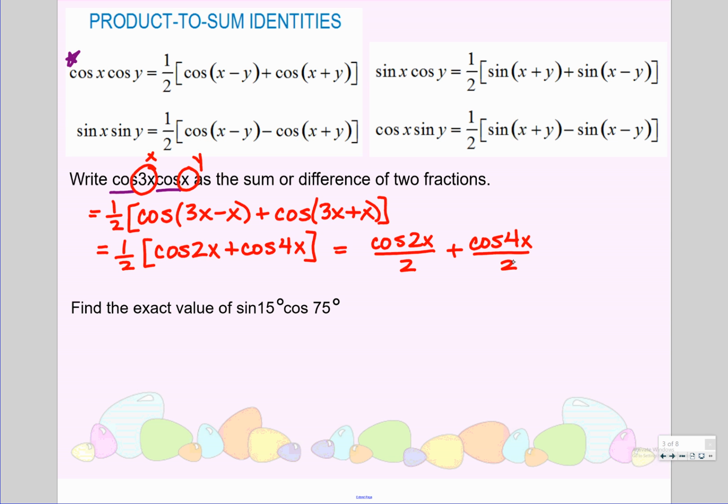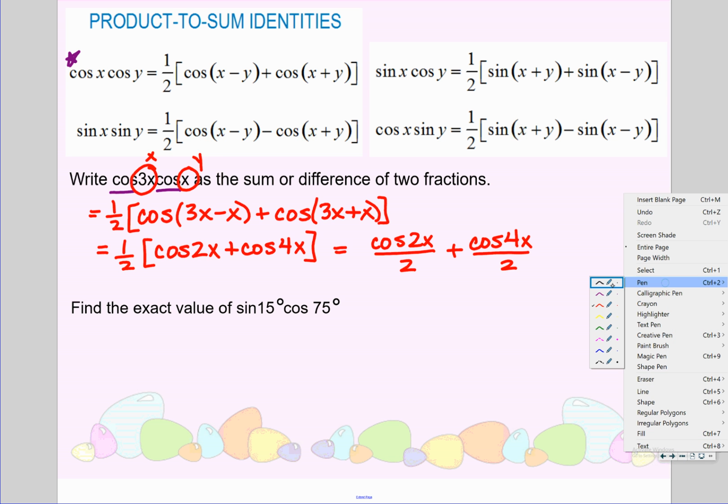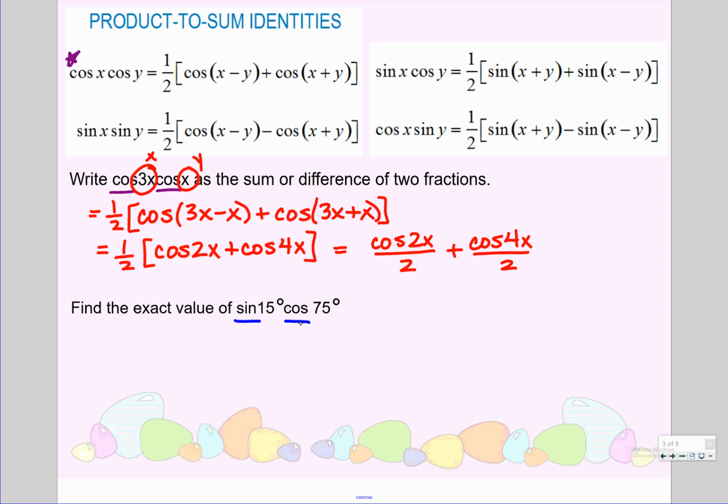Okay, so this one is a sine times a cosine. So I'm going to use the other one on top up there, or you can find it on your sheet. So it's going to be 1/2 sine, add my angles together, 15 plus 75.